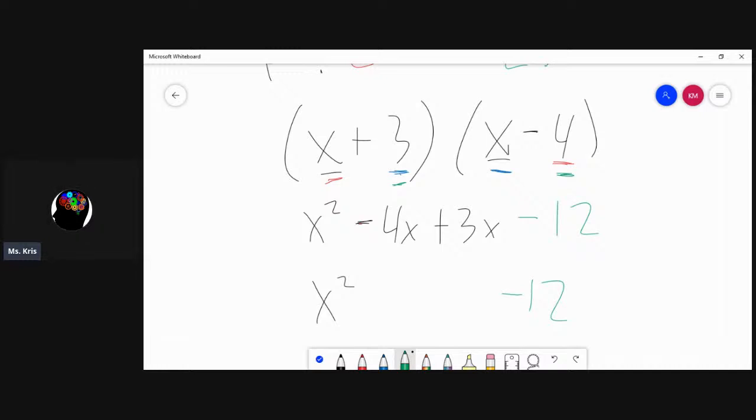So if it's positive, negative, or negative, positive, your last term is going to be negative. The only thing that will change is your inner term. Your inner term with plus, minus, or minus, plus. Either it's going to be negative like this one, which would make this a negative x, because negative 4x plus 3x is a negative x.